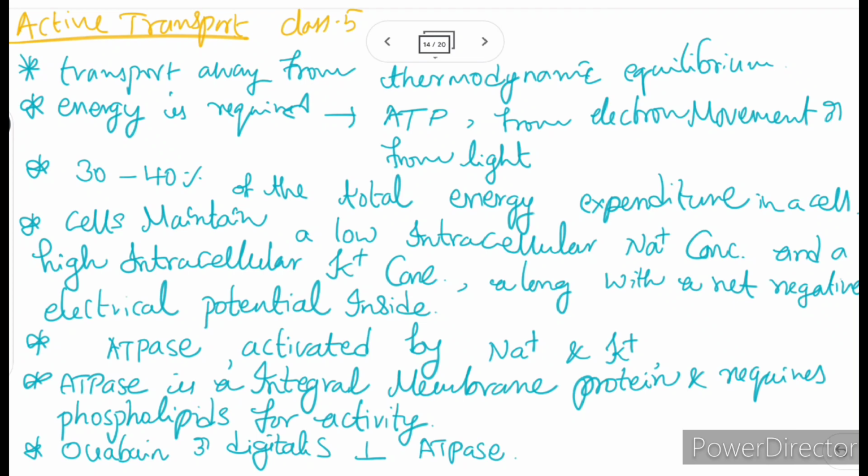Cells maintain a low intracellular Na plus concentration and a high intracellular K plus concentration. So outside the membrane, we can see a low level of Na plus concentration, and inside the cell a high level of K plus concentration.